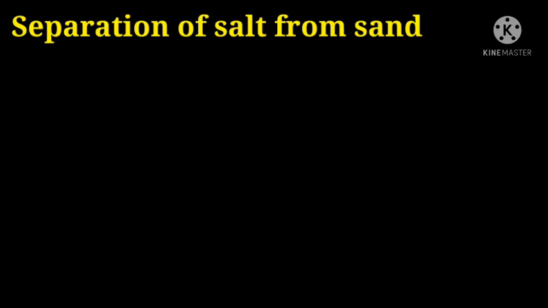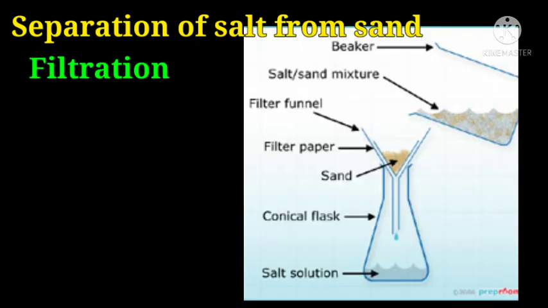Separation of salt from sand. After removing the iron filings, what will we do? We will separate salt from sand. First we will dissolve the mixture in water, and then we will follow the filtration process. We know that sand is insoluble in water and it will be separated out over the filter paper.